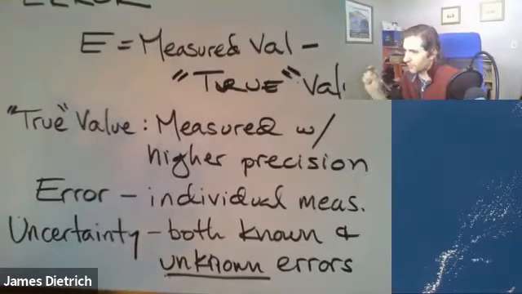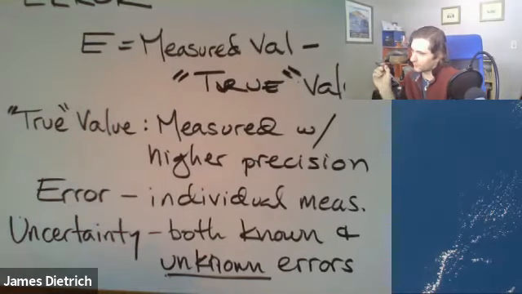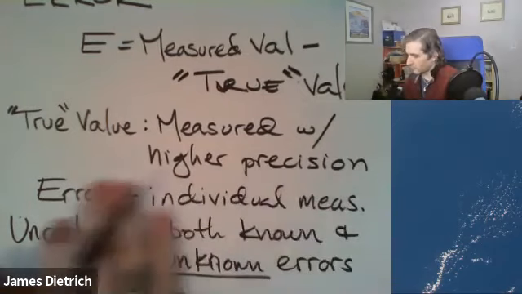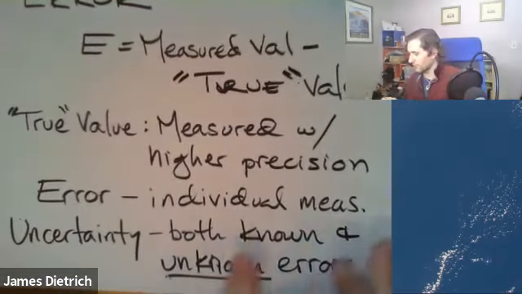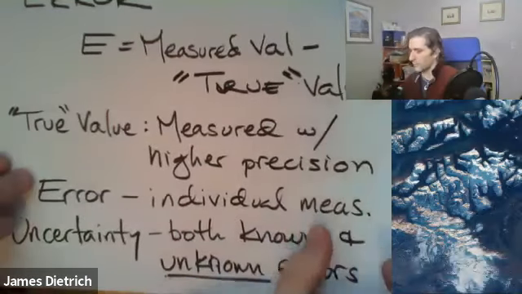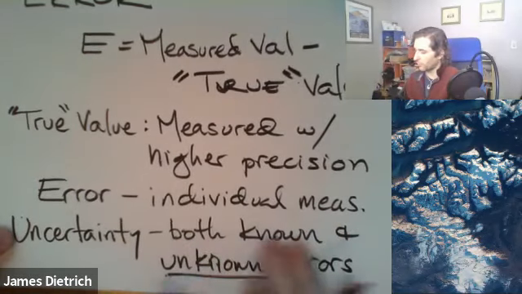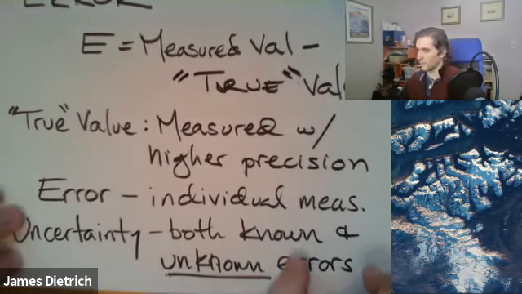There are whole books on error and uncertainty analysis in statistics and in other branches of science. So we're not going to get into this completely, but I use these two terms kind of interchangeably. Specifically, error relates to an individual measurement, versus uncertainty, which is both the known errors that we can measure and the unknown errors that we can't measure.